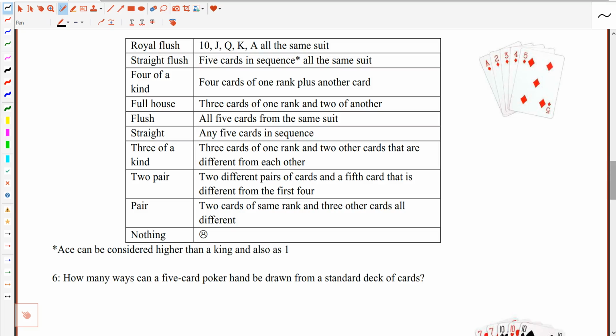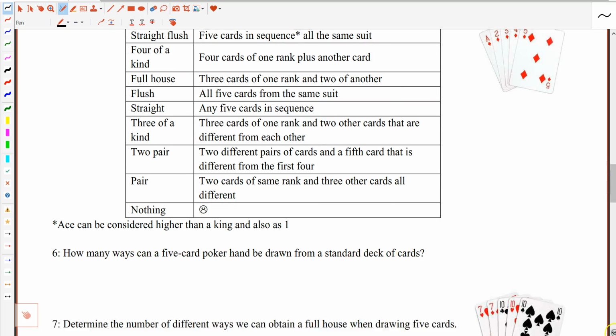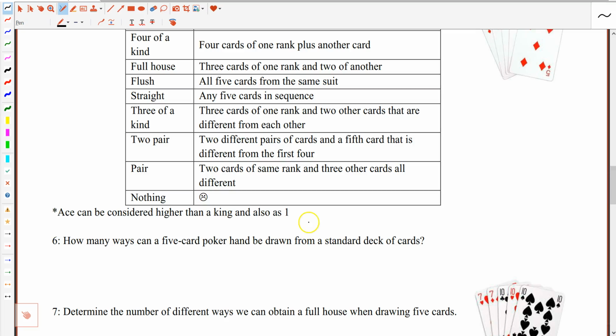So let's go ahead and use counting principles to figure out the likelihood of getting some of these hands. So in this one, how many ways can a 5-card poker hand be drawn from a standard deck of cards? So when you're pulling cards out of a deck, order does not matter. Okay, so these are going to employ the idea about combinations.